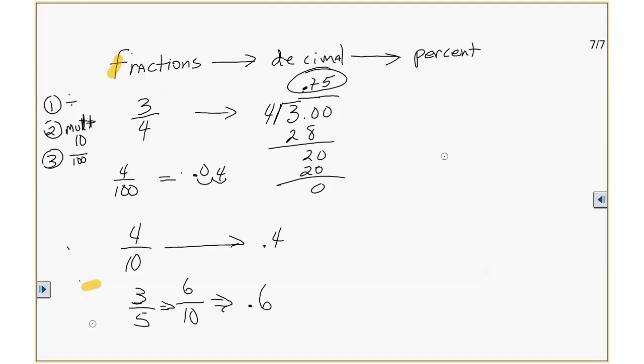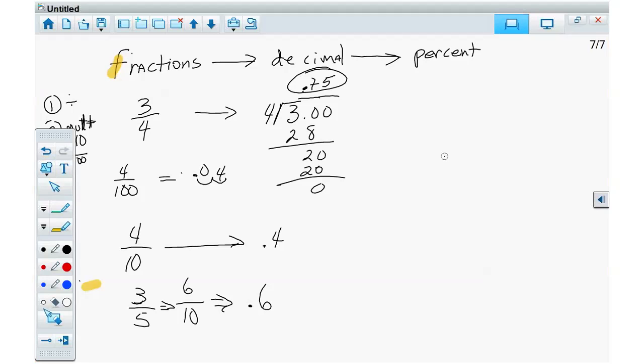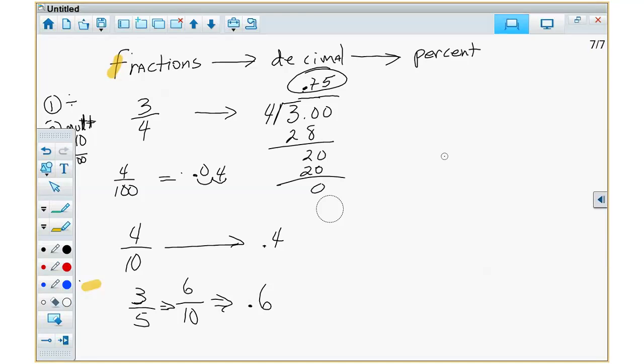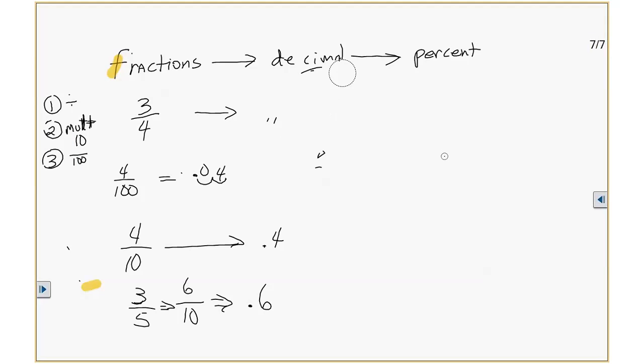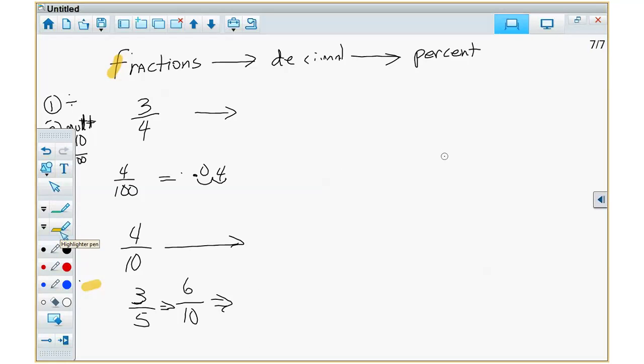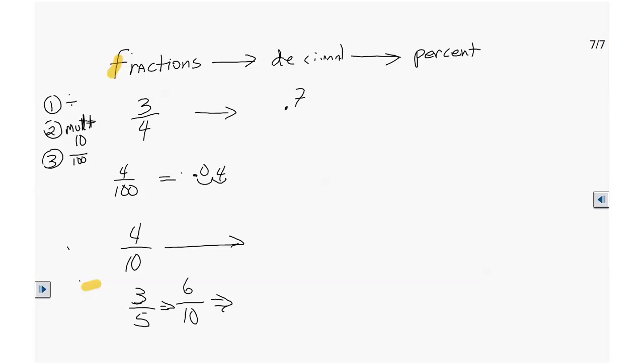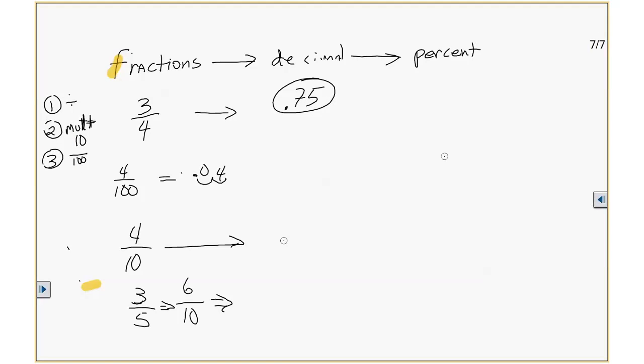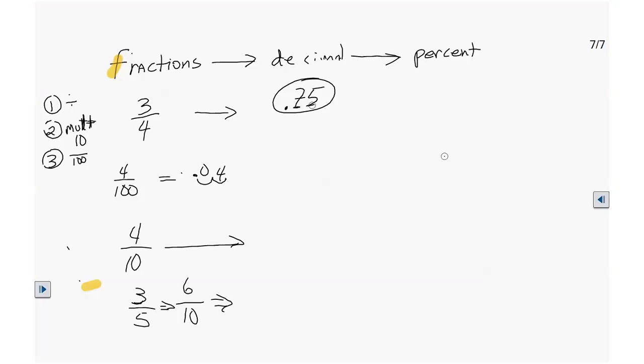Going from a decimal to a fraction. Let's go with 0.75. If I wanted to go back to a fraction, I would count my place values. 75 over what?